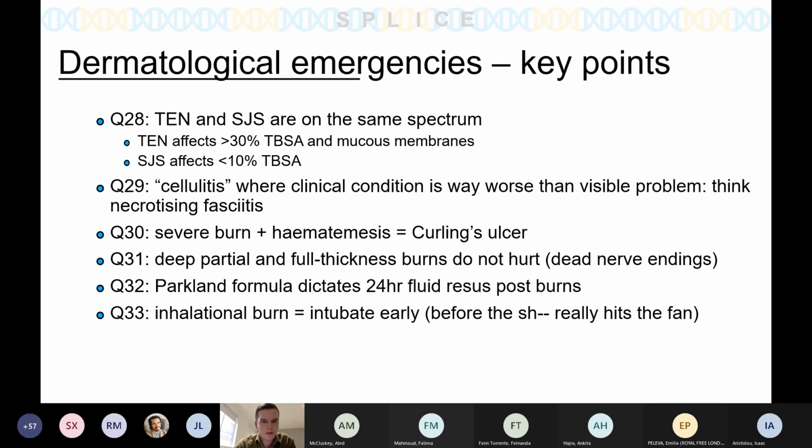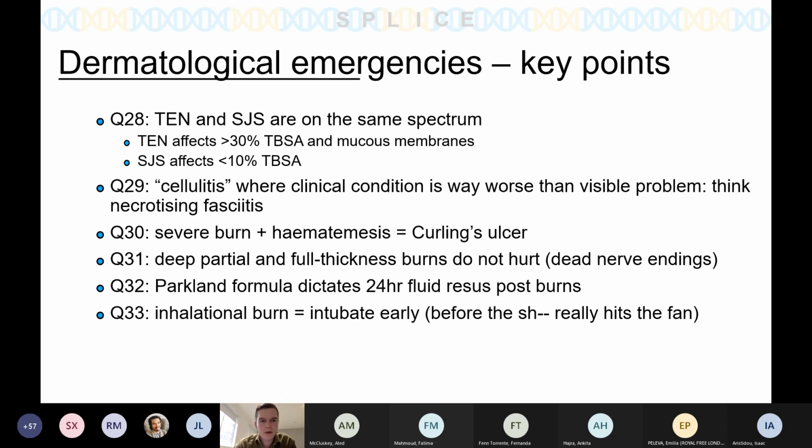Let's have a recap about emergencies, and then we'll have a note about erythroderma actually, because I didn't put a question on it, but maybe Amelia can tell us about it. So toxic epidermal necrolysis and Stevens-Johnson syndrome are two ends of the spectrum of one disease, i.e. widespread blisters triggered by certain medications, maybe by certain organisms.